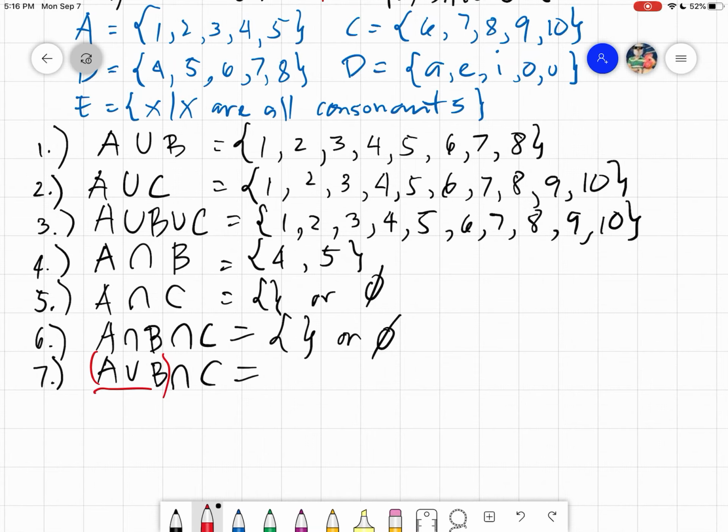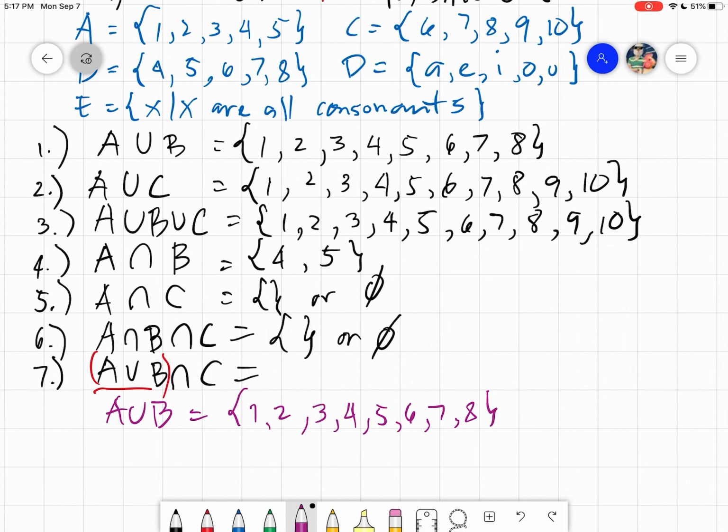And we are aware that A union B is actually equal to 1, 2, 3, 4, 5, 6, 7, and 8. That is A union B. And of course, after you have done that, you need to check now the A union B intersection C. Meaning, I will list down the elements of A union B, and I will check the elements of C. What is the intersection between these elements and the elements of C?